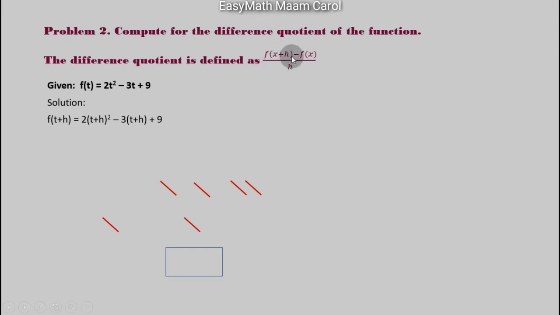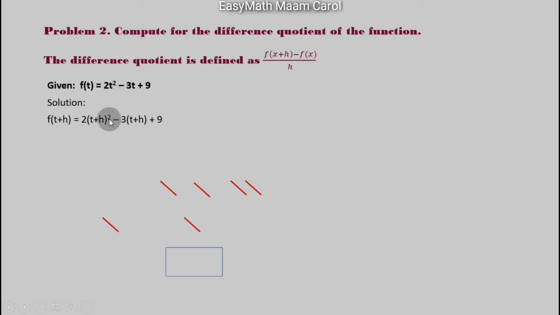So, yung x, lalagyan mo lang din ng h. So, this time, since t yung variable natin, yung t, yun yung a-addan natin ng h. So, what happened is, 2, yun pa rin yung 2 na yun. And then, yung t na to, gagawin mo lang t plus h. So, wala kang papalitan ng mga other numbers dyan.